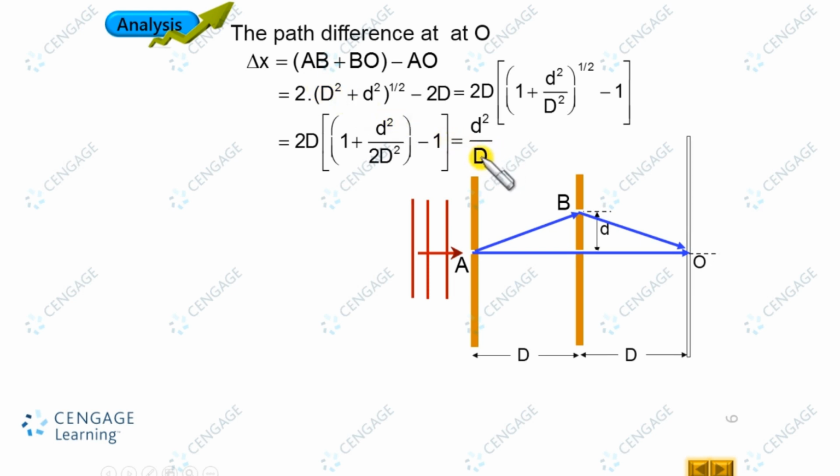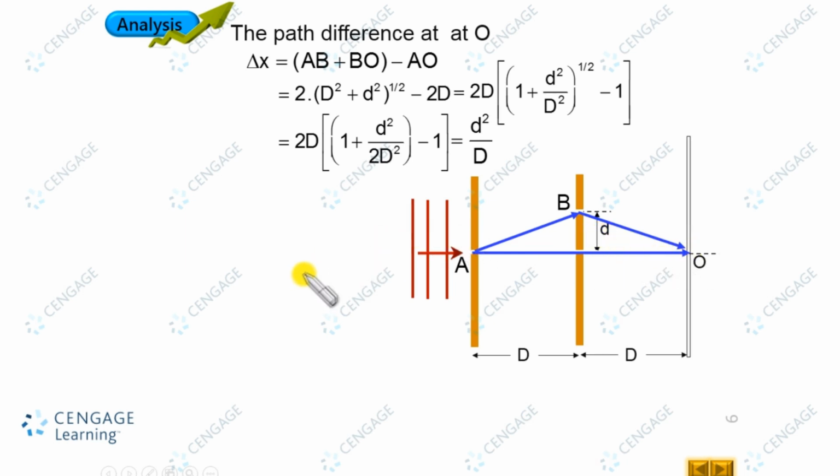Okay, and we need to get the minimum value of small d for which there should be minima at this point. For the minimum value of small d, this path difference should also be minimum, and we know capital D is fixed. We can vary this value. That means if this value is minimum, path difference should also be minimum, and the minimum value of the path difference should be equal to lambda by 2.